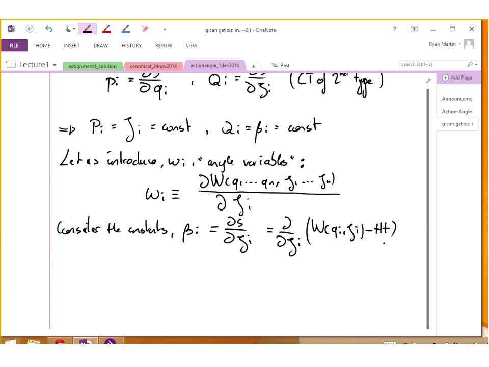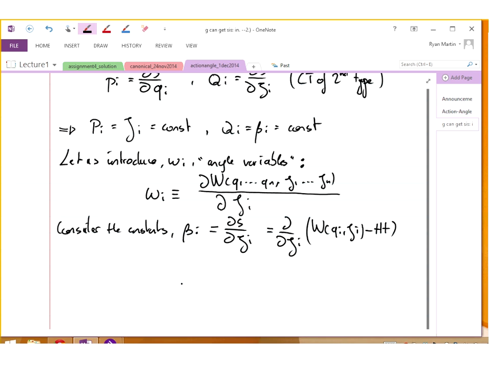Now we just introduced these angle variables W because of this. Because now note this equation where I have beta I equals di by di Ji of W minus di by di Ji of H times T. So the di capital W by di Ji is the lowercase w that we just introduced.